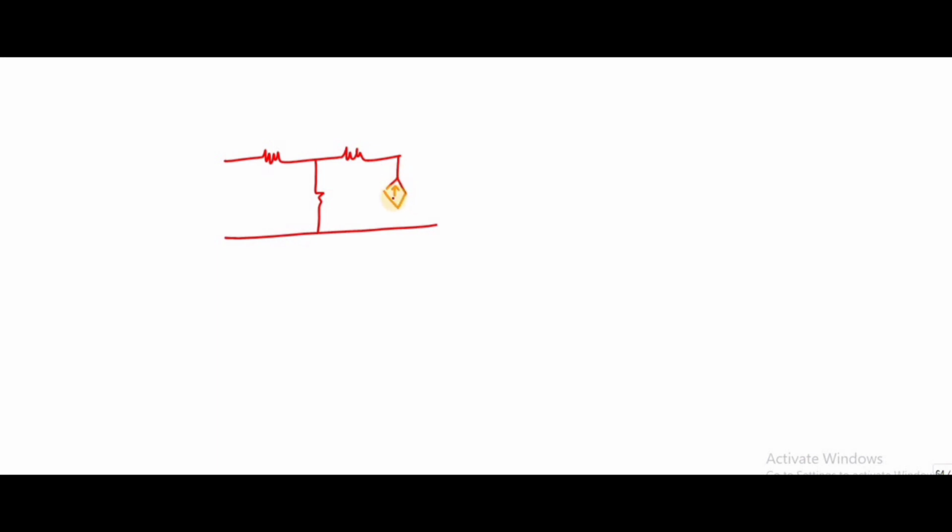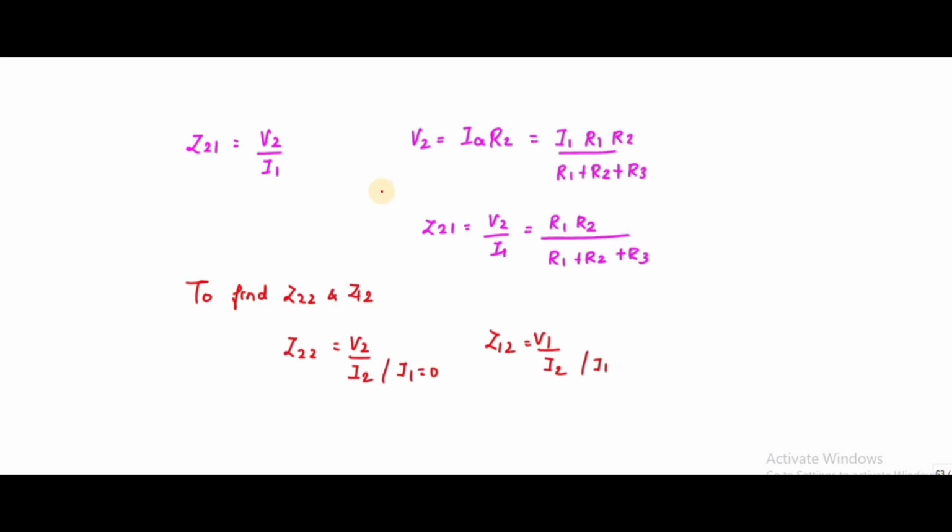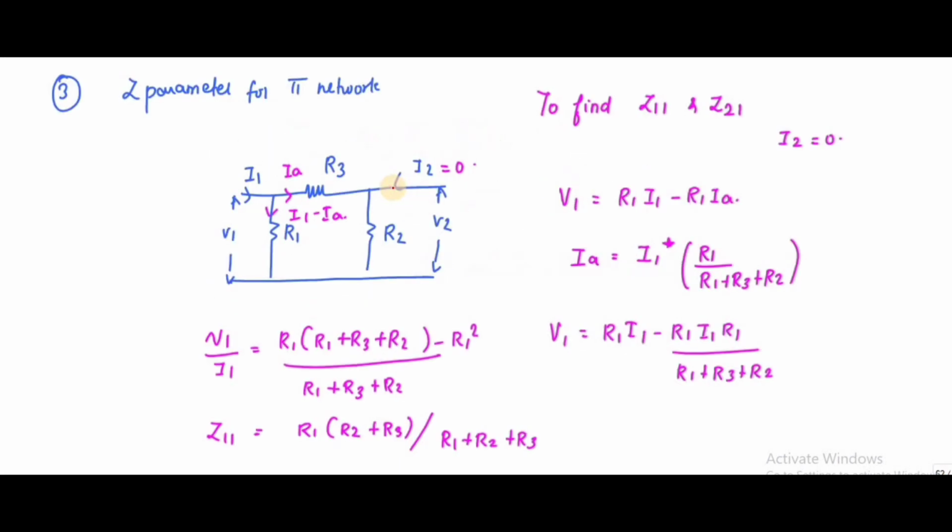Here I1 is 0, right? So first let me draw the pi network: R3, R2, R1, and this is I1, that is 0, V1, this is I2, and this is V2.